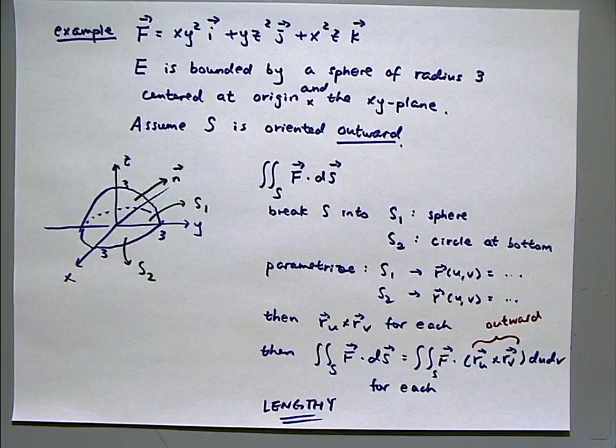Phi is going to go between 0 and pi over 2. And theta is going to go between 0 and 2 pi. Theta is the angle on the xy plane. We went all the way around, so 2 pi. Phi is the up and down angle. Phi equal to 0 is straight up. Phi equal to pi over 2 is on the xy plane. So this gives us the upper half. And that's just the radius of the sphere.